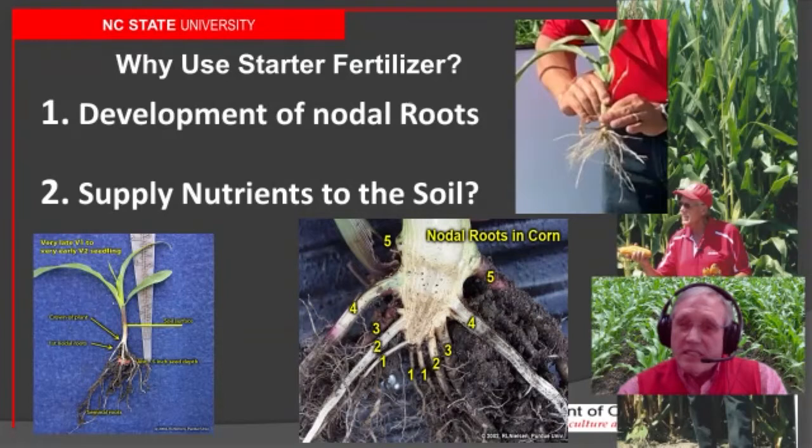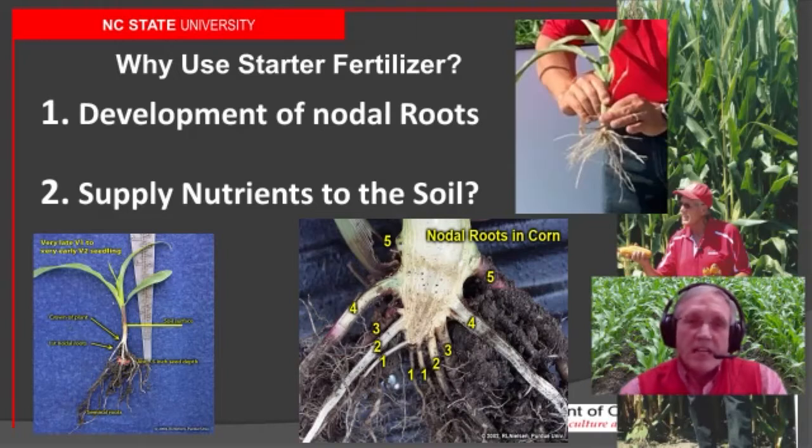Well, there's two reasons. One, which I think is the most important reason, is that we try to influence the development of root systems underneath the plant, particularly nodal roots of this plant. I've talked about this at my meetings a lot this season to try to drive home this point. In corn, we're trying to influence those first 6 nodal roots that are really important in developing the nutrient uptake and water uptake under our plant.